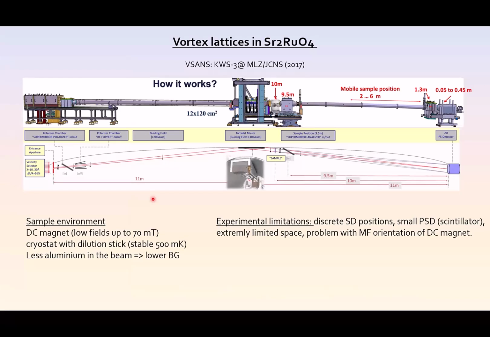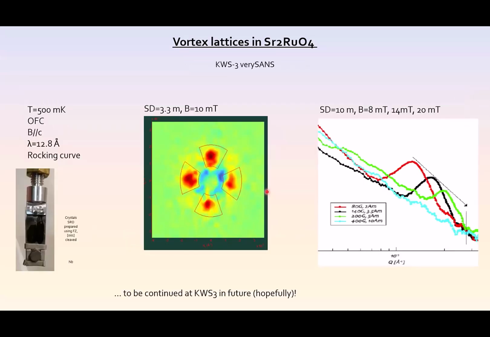This instrument has an elliptical toroidal mirror, so we can focus our beam much more. Unfortunately, this instrument has some limitations, so we can measure either at 3 meters or 10 meters. At 3 meters, we observe square symmetry.